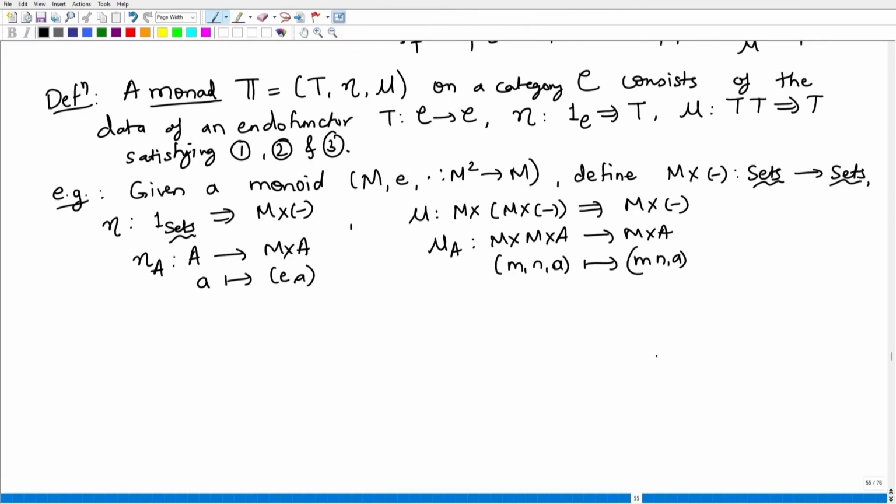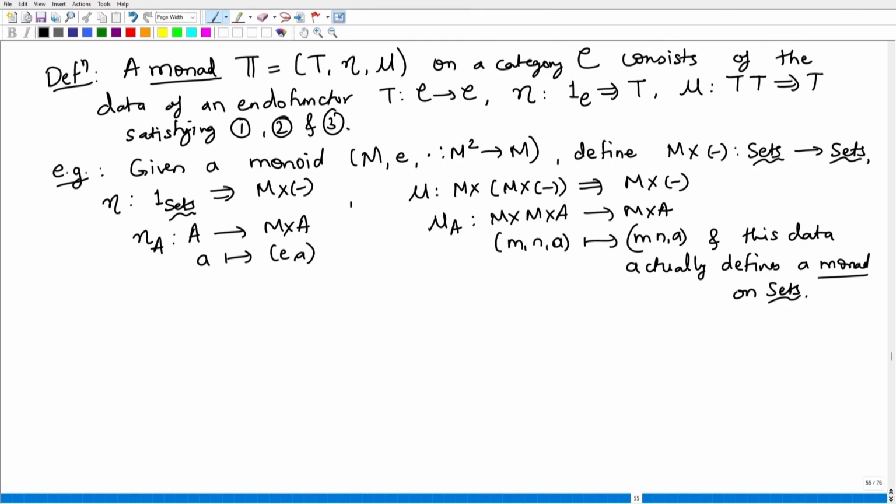So given a monoid, define this functor, and this data actually defines a monad. So this is a monad on sets. Any questions here? Do you understand? Instead of a monoid, you can also think of a group. So group action, it's a free group action. Yeah, nothing is really happening here.